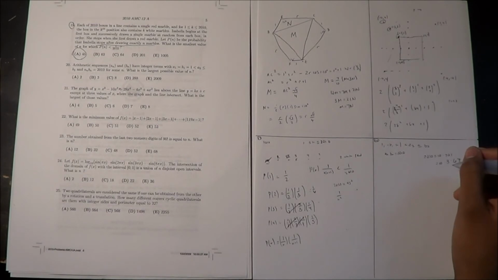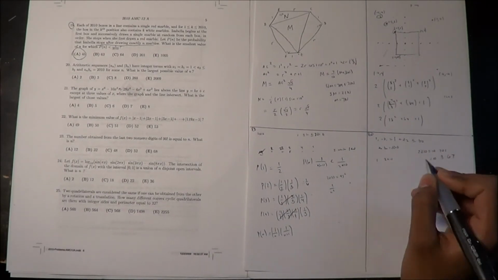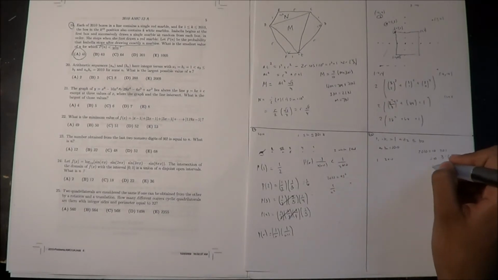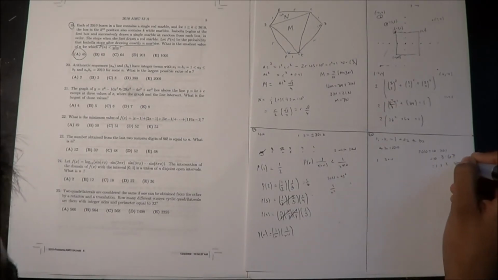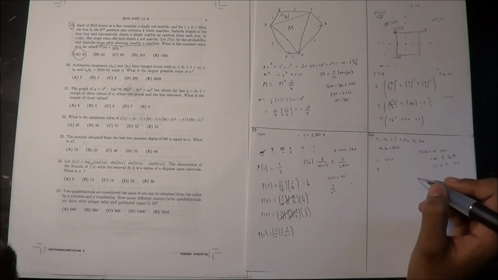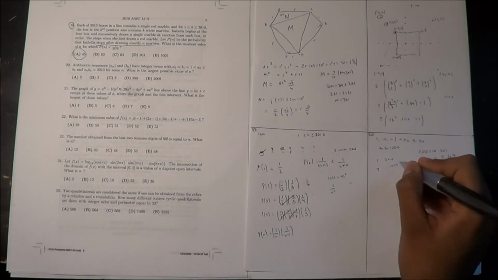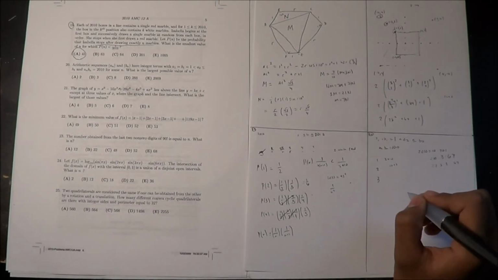So you can have like 1, 2010. Oh, this is 2 times 5. You could have 2. 2010 over 2 is 1005. You could have 3.